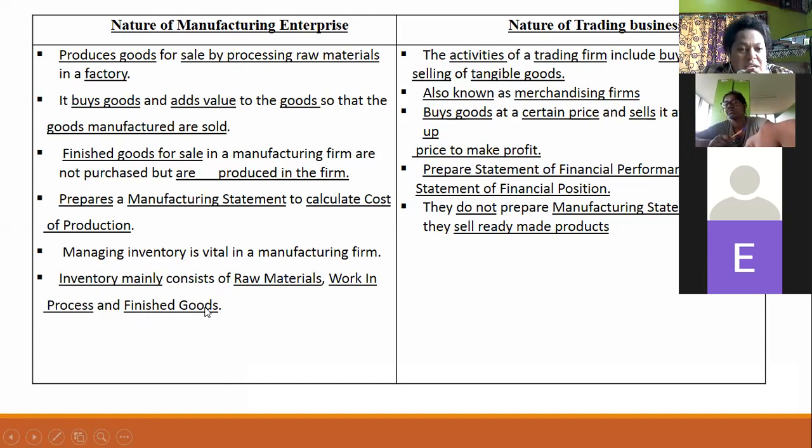Now, class, this is something new to us. Take note right from the beginning. Inventories normally come in 3 stages. First stage, raw materials, that is unprocessed inventory. Nothing is done to that raw material.